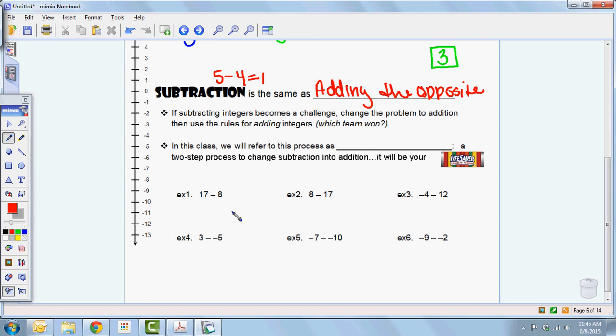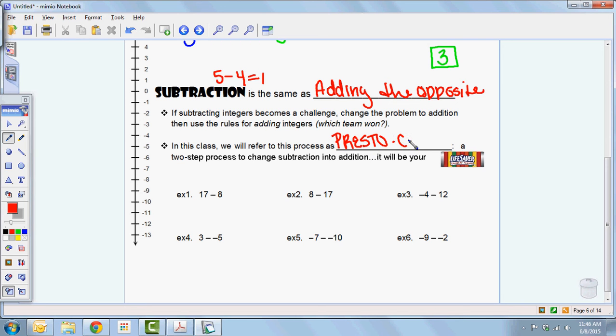I'm going to really suggest that you use this a lot this year, especially when we get into more challenging problems. So subtracting becomes challenging when you have these type of weird problems. So you're going to use this adding the opposite rule, and I'm going to refer to it all year as Presto Change-o.